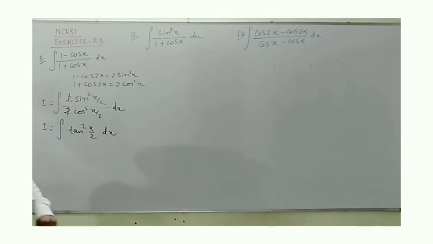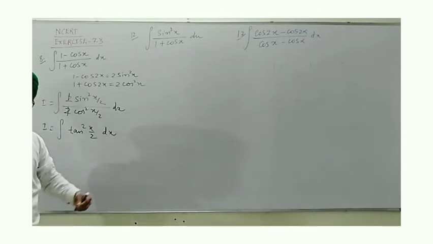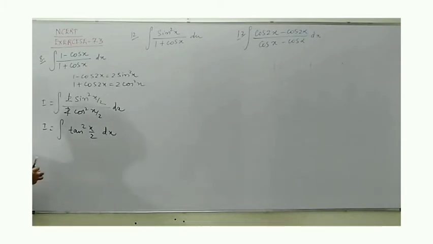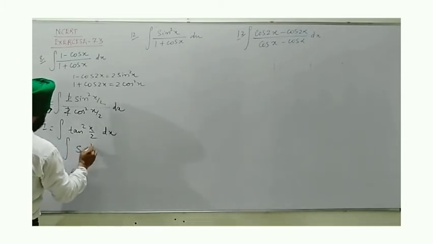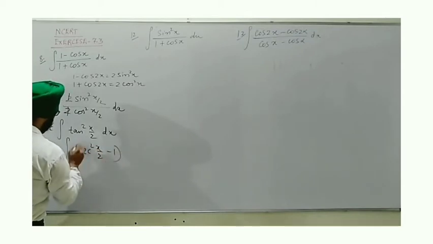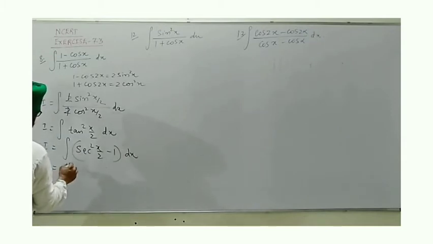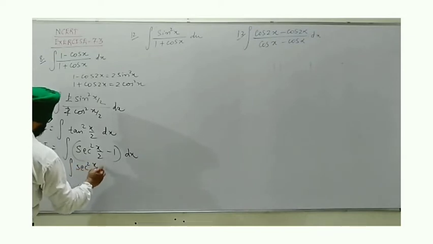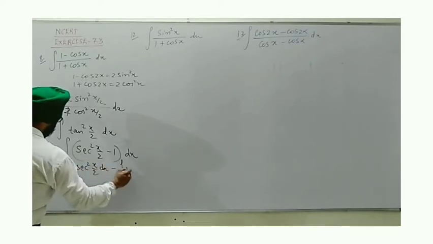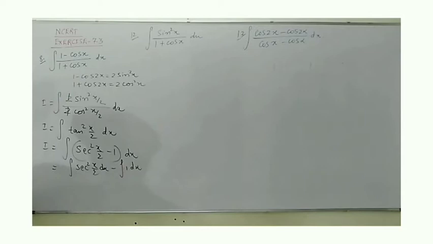In previous modules I have introduced that tan square is never integrated directly. We will convert this to sec square form by the Pythagorean identity. This can be written as sec square x by 2 minus 1 dx. And here we can say this is the integration of sec square x by 2 dx minus 1 dx.